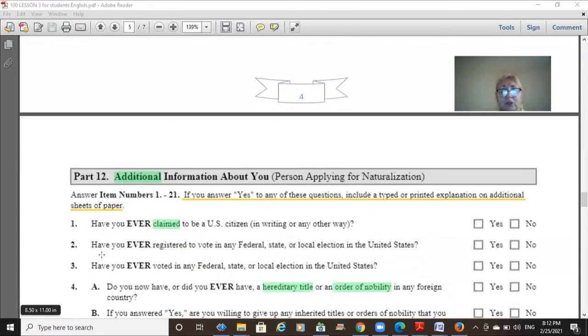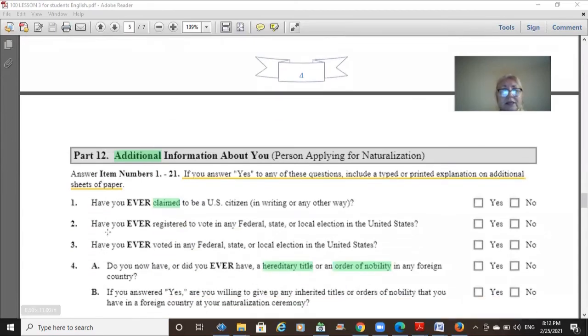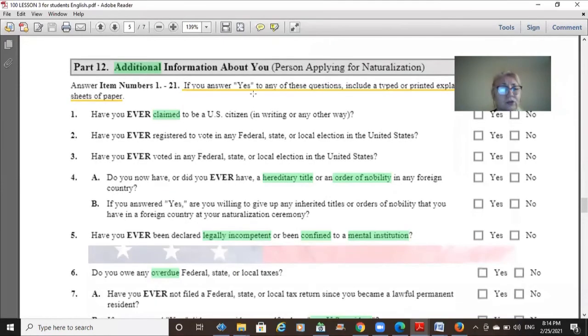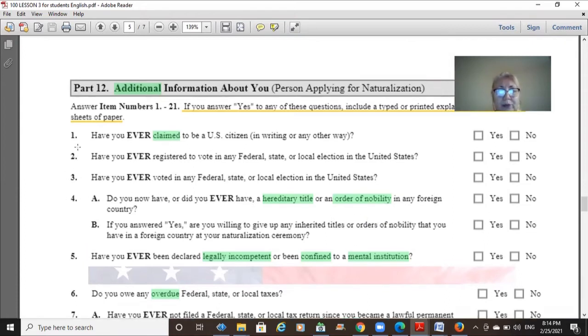The next part we are looking at is part number 12, which is additional information about you. So additional means more information about you. And for this part, we are looking from number 1 to number 13 this time. I again want you to pay attention to the words that I highlighted in green.